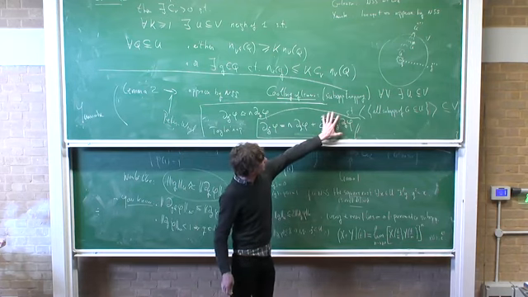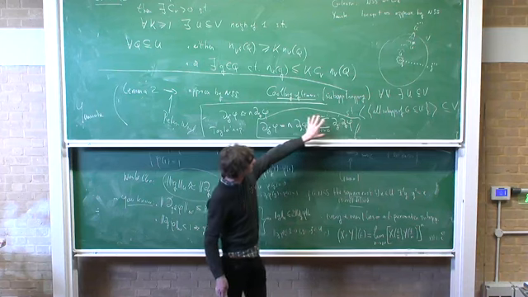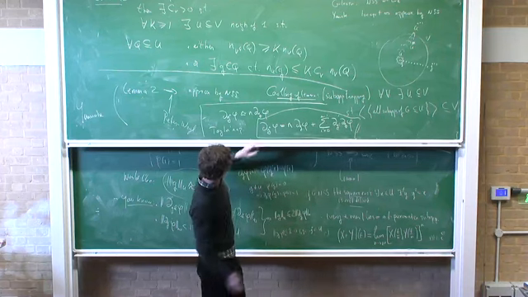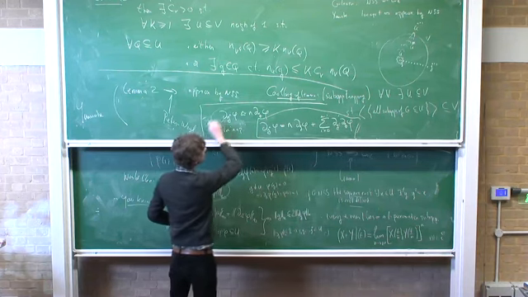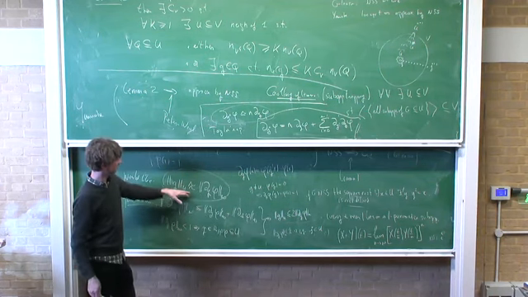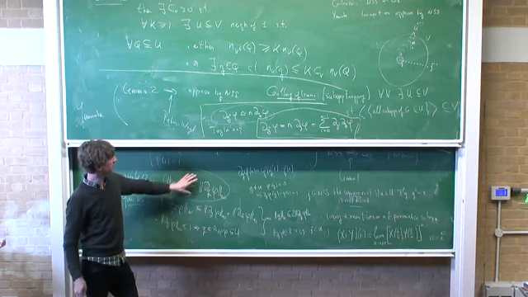So if you could somehow show that this is an error term compared to this, then you would have the converse inequality. These two things are actually comparable.